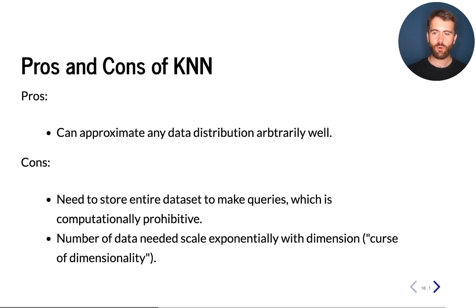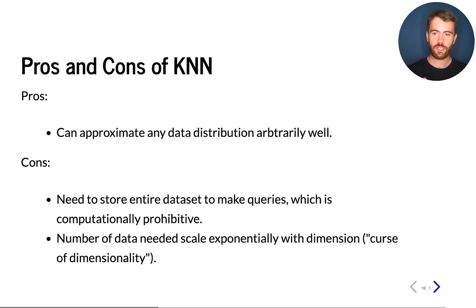We can use all the data. And so once we have a huge data set, it can potentially leverage all of this data set without compressing it or limiting it. And so in theory, it can output more accurate predictions because it can use all the data and it can fit the true data distribution arbitrarily well in theory.